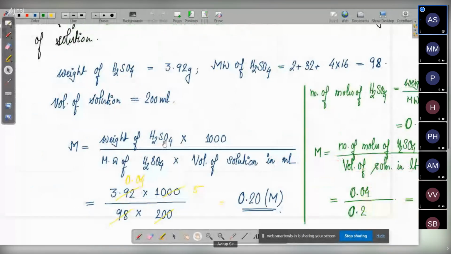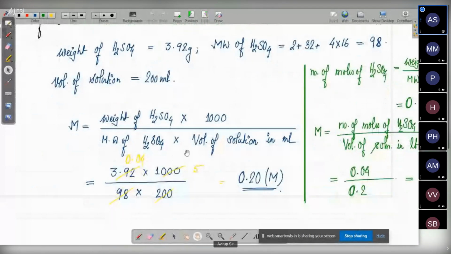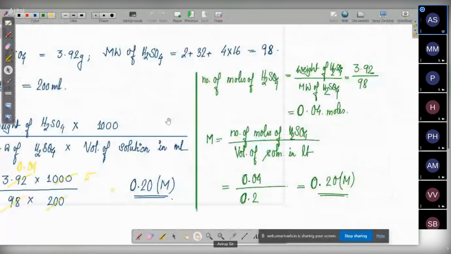I personally prefer using the first method, because there you do the calculation at the last, so there is a lesser chance of error, whereas in the second method you have to do the calculation two separate times, so there are more chances of error.